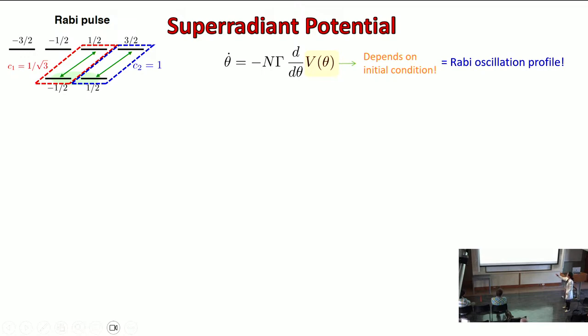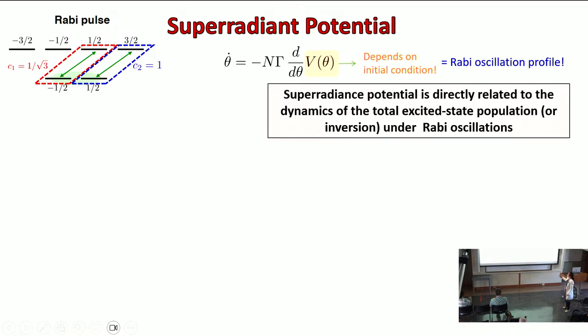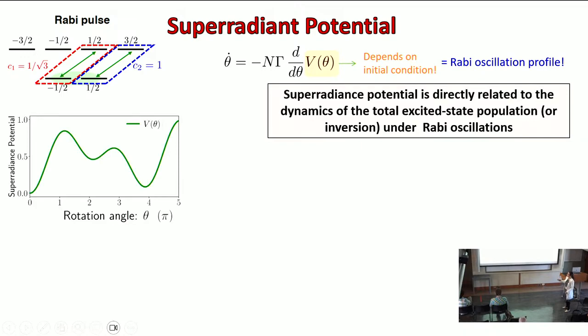So theta moves in a potential that we call the superradiant potential, that we can compute by looking just at the excitation of the atoms, the number of excited states versus the rotation angle. It can be computed very simply from a Rabi profile.